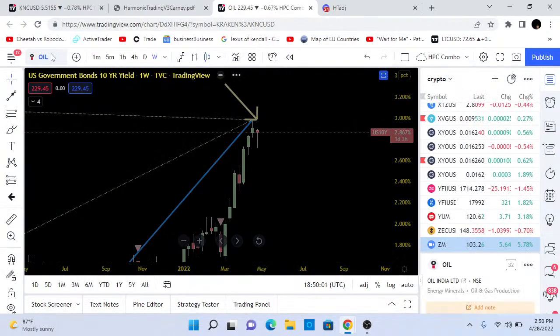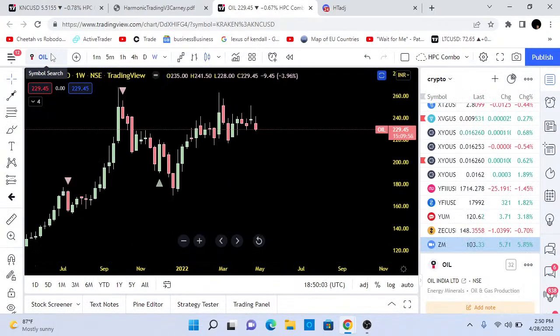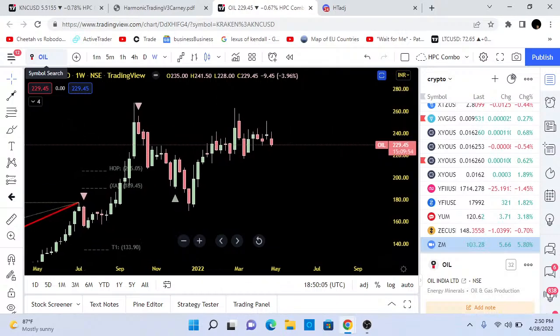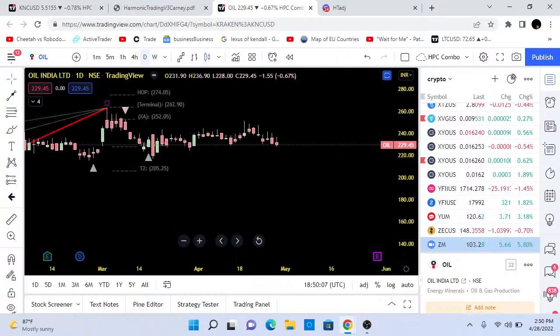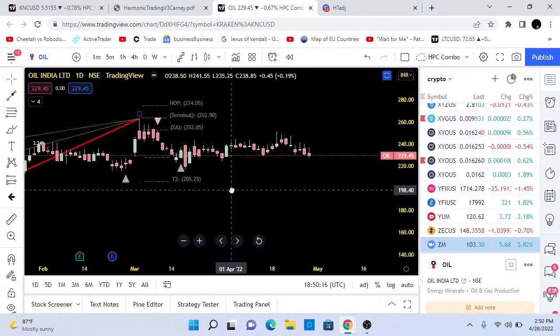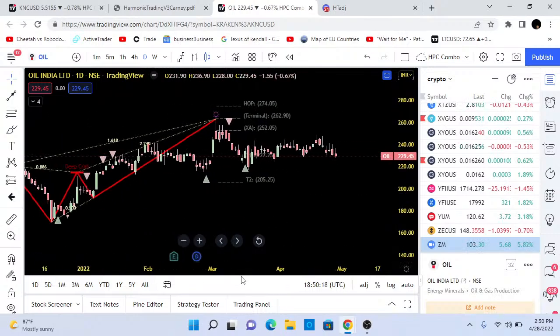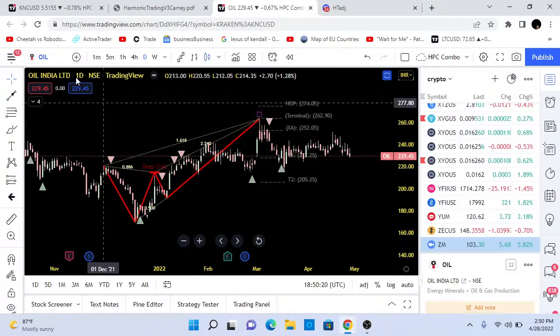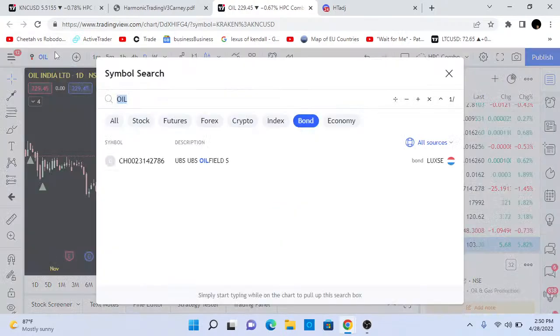Here's oil. Isn't that Triton Energy? Or what was that? What is that one? Oh, that's Oil India. It used to be called Triton Energy, I think. Long time ago. Oil India. Oh, that's the India exchange.